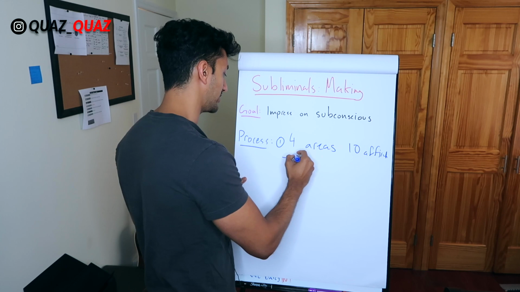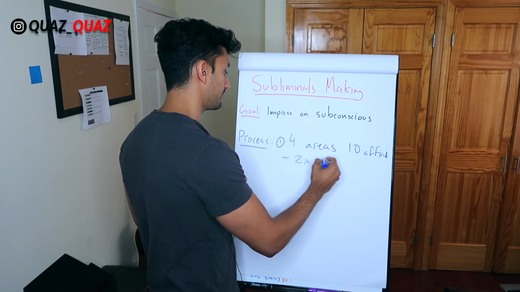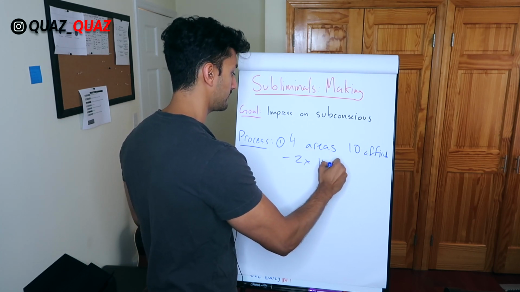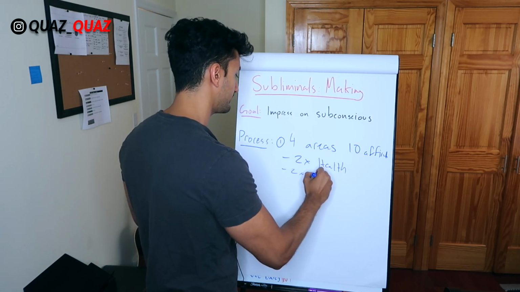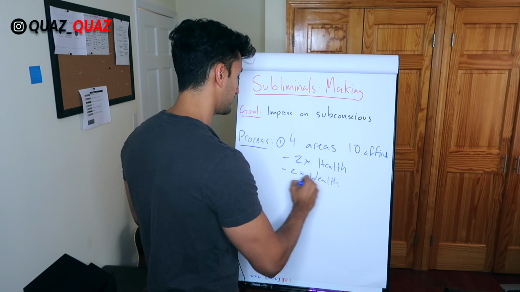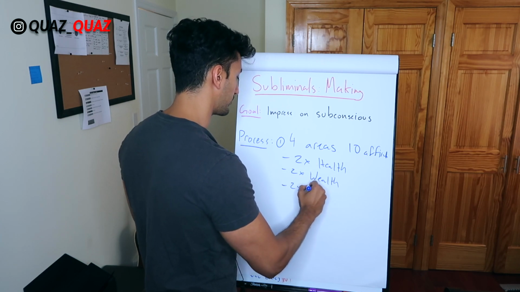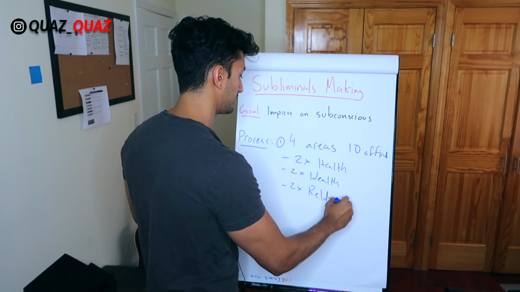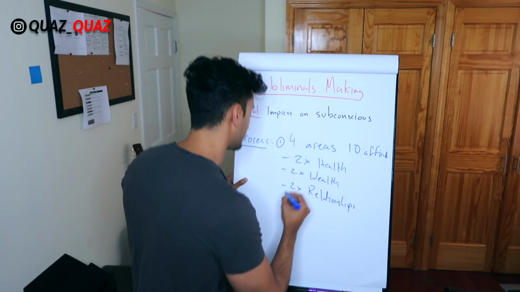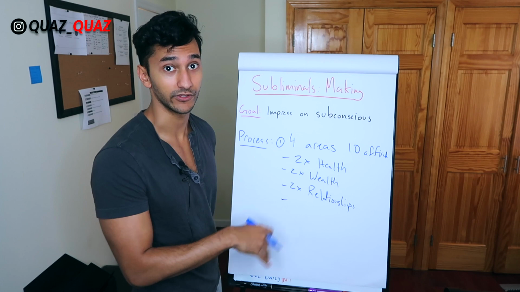So you're going to have 2 affirmations for health, 2 for wealth, 2 for relationships, and 4 for your character.